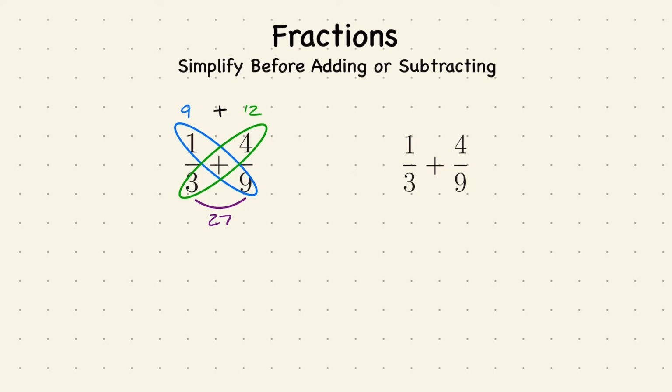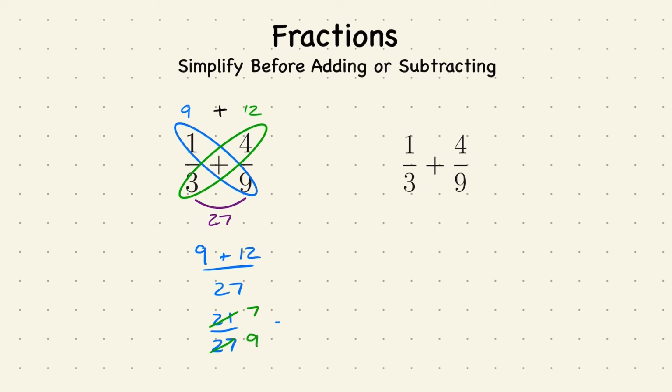So when we add these pieces up, we have 9 plus 12 over 27, which gives us 21 over 27. Now 3 will go into both 21 and 27. 3 goes into 21 7 times, and 3 goes into 27 9 times.